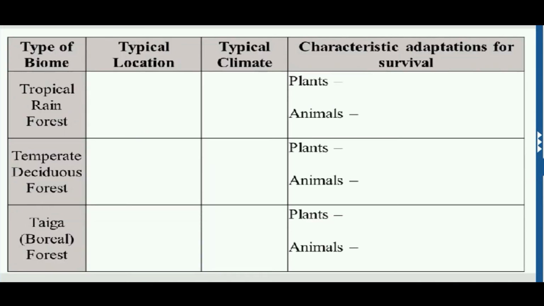Okay, so here we go. Here are some biomes. There's not much left, I promise. These are in the tropics. Imagine that. The temperate deciduous forest is in my temperate zone, right? And the taiga is where it's cold.